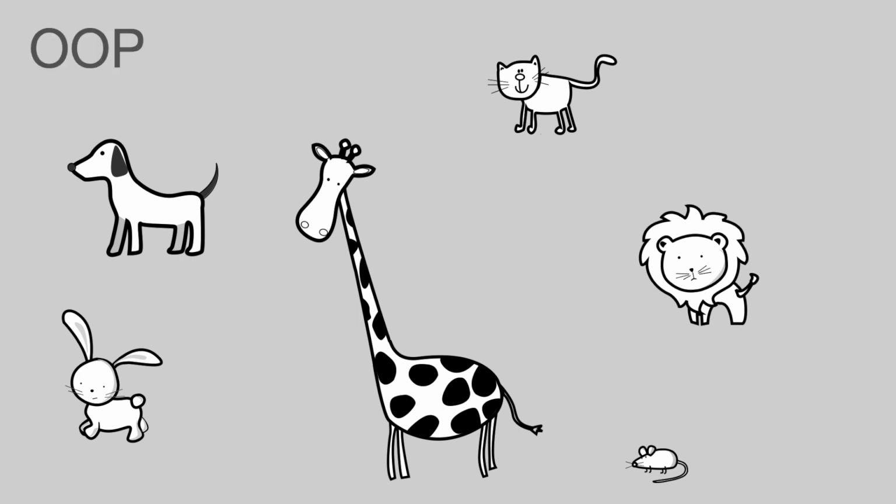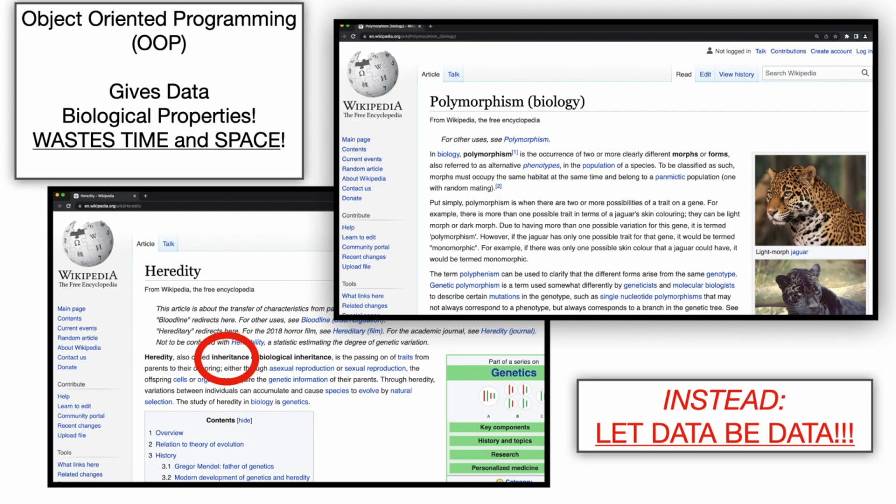So as mentioned, another thing that they do is you'll have a class of dog, of rabbit, of giraffe, and they usually will inherit from a base class like animal. So not only are these things in different classes and different types, they also add biological properties to these bits of data.